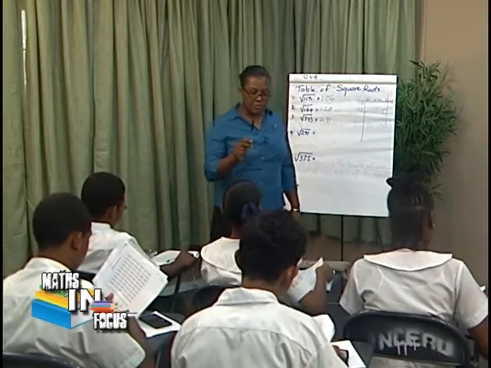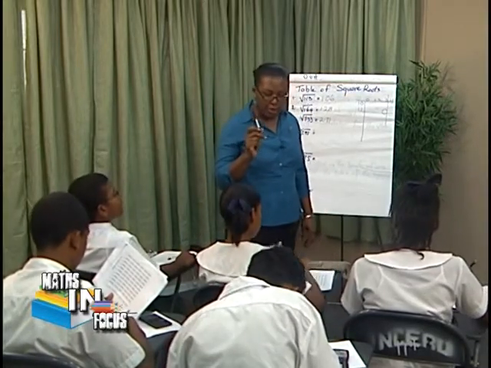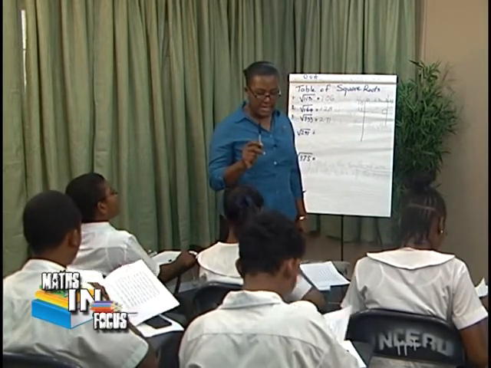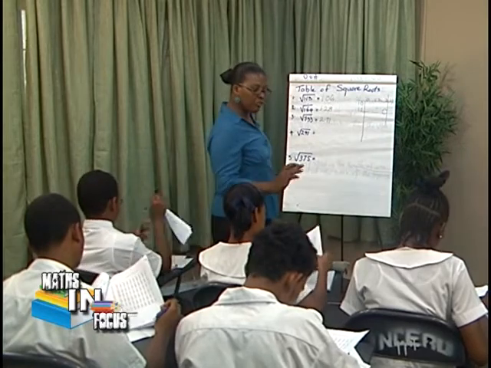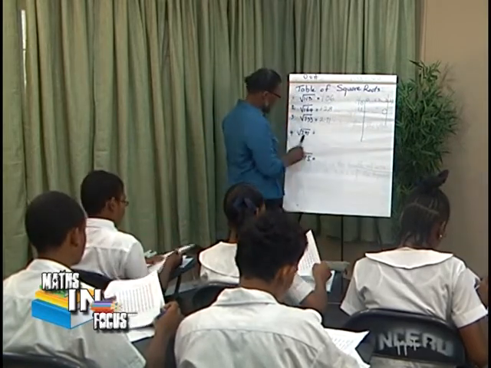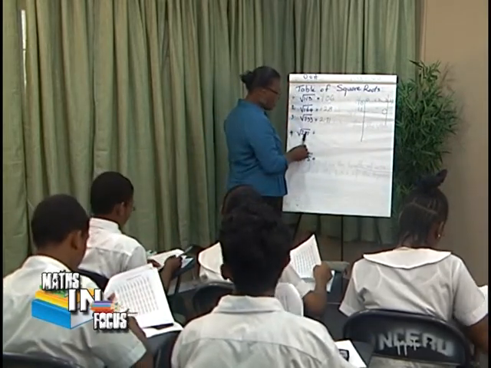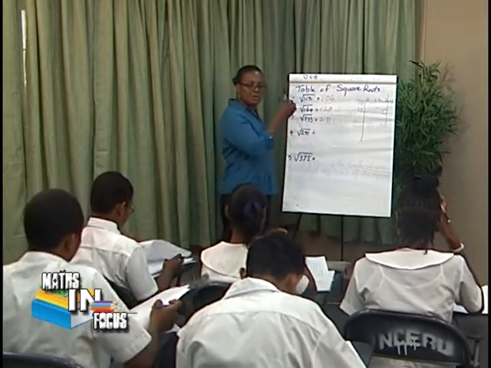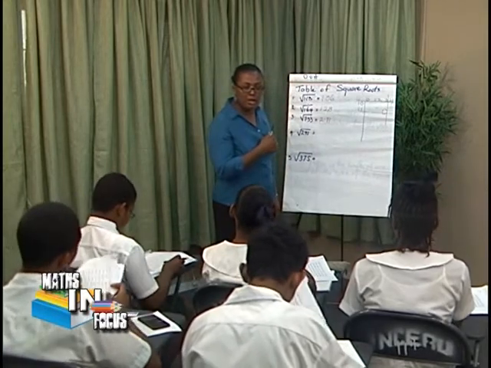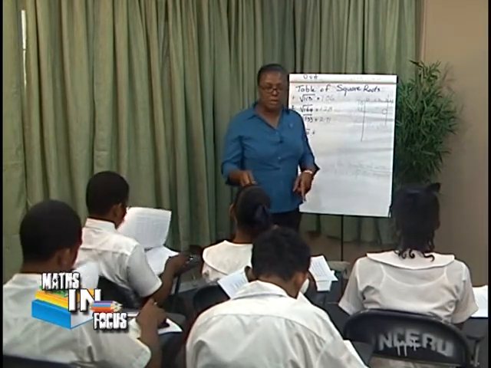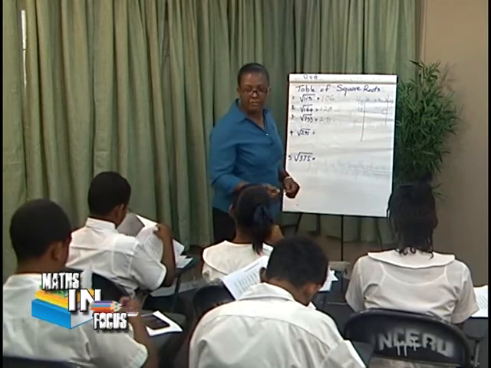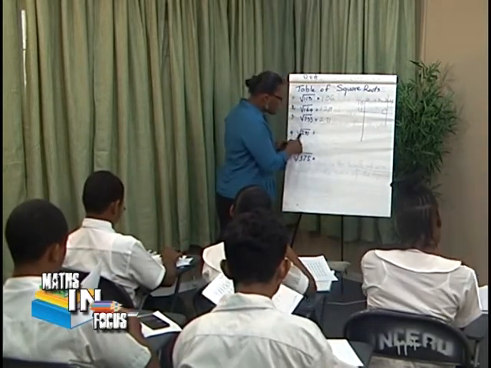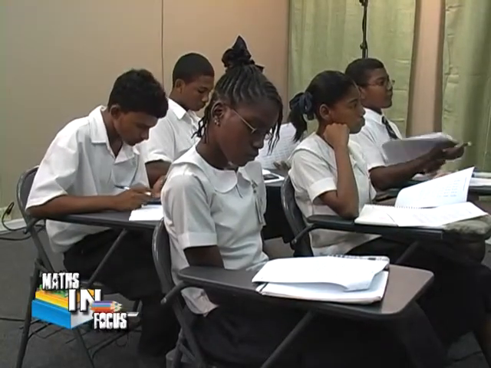Now our table of square roots ends at 100. If you check it there, 99, and we can find the square root of 100 very easily. However, here we have the square root of 291. Now remember when we were squaring earlier, if we couldn't find it on the table, we wrote it in standard form. Now we're going to apply the same concept here. We're going to first write 291 in standard form.